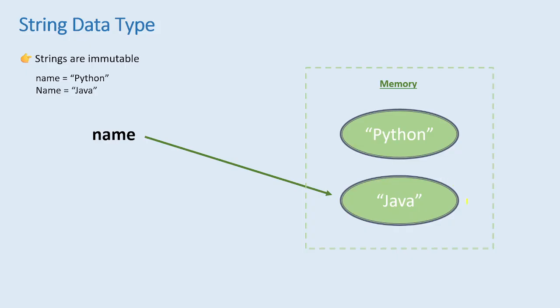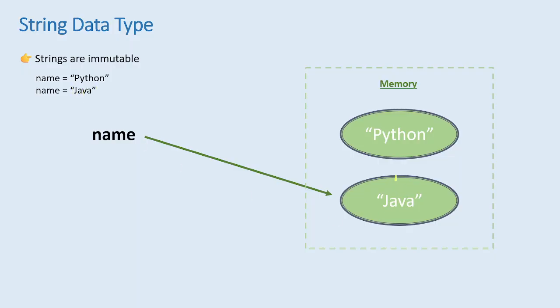A new string object is created which holds the value Java, and the variable name starts pointing to the new object which holds Java. Previously it was pointing to the string object with the value Python. Now the same variable has been assigned a new string, that is Java.